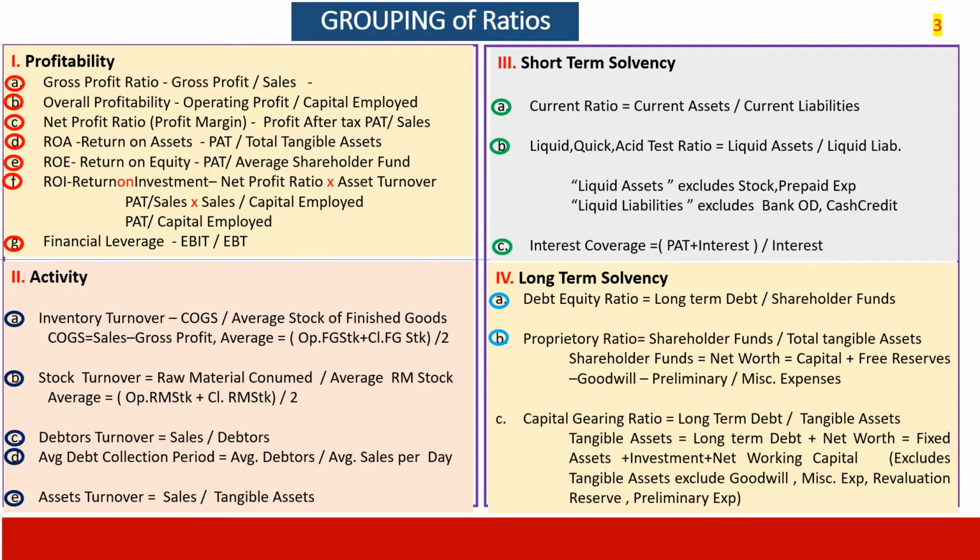Proprietary ratio is how much is owned by the equity holders in the total funds deployed in the company. Capital gearing is in terms of what is the outside funds in the total assets employed in the company. This is an overview of the ratios which are relevant for financial review and analysis of performance and strength of a company.